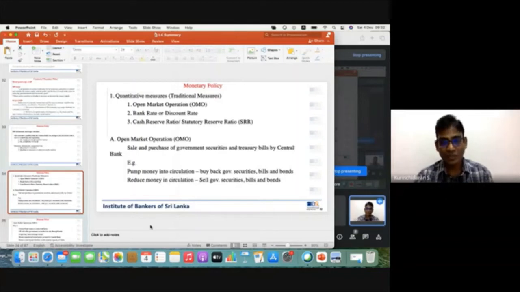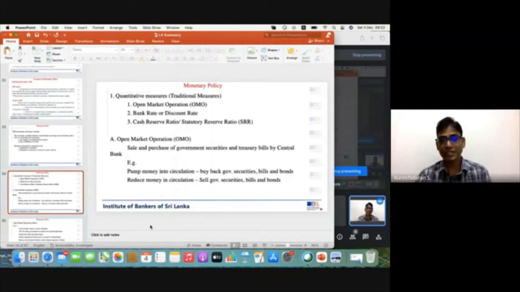Through that, what is going to happen? Now, the central bank, as I said, always assesses the market liquidity, right? If the central bank thinks market liquidity is not sufficient, we have to pump more money. So banks are not lending, or banks are not lending between themselves.